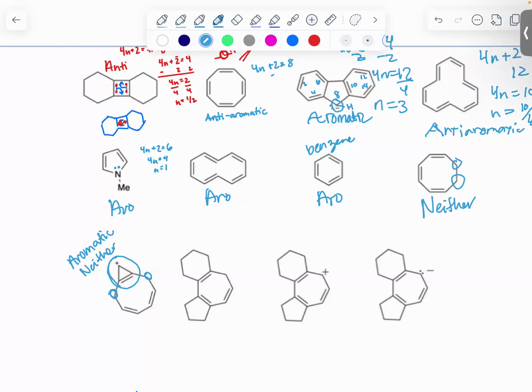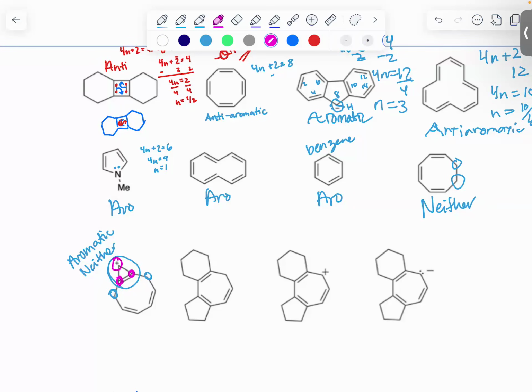This ring is aromatic. Because you have pi electrons on, I'll do it in a different color, these two carbons from being in a double bond.